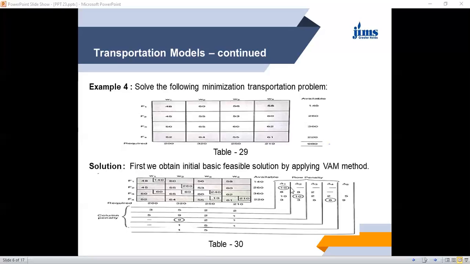So this is 3. Similarly, in the first column, we have a difference of 45 and 48, which is 3. Then 55 and 60, it is 5.